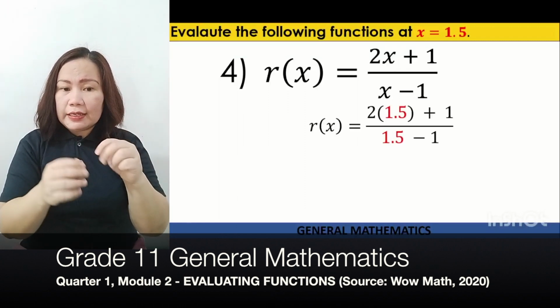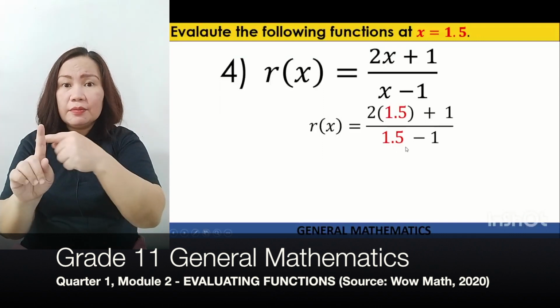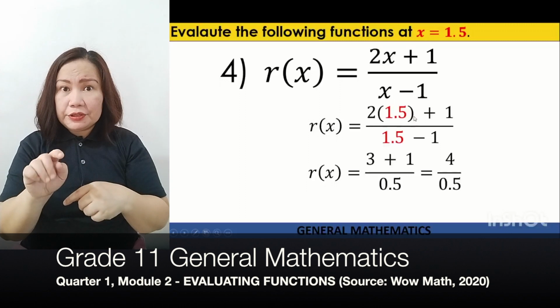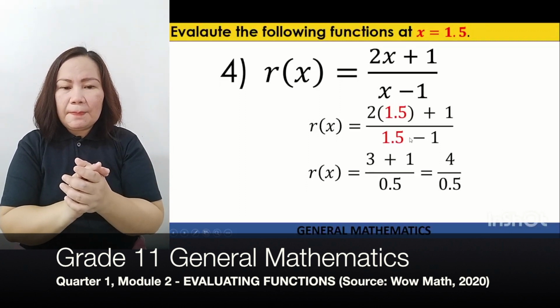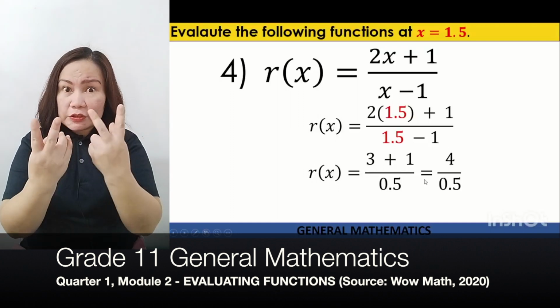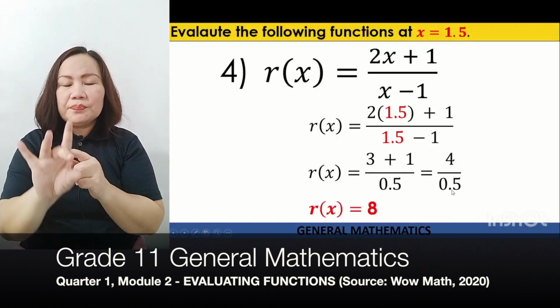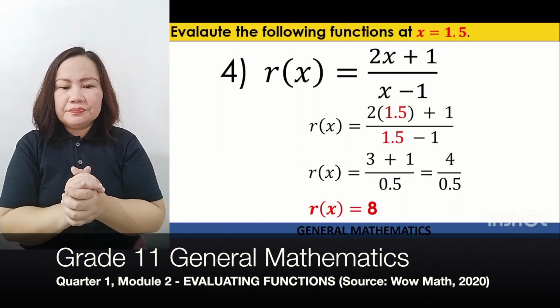Magiging 2 times 1.5 plus 1 all over 1.5 minus 1. 2 times 1.5 is 3 plus 1, that is 4. 1.5 minus 1, that is 0.5. And 4 divided by 0.5, the answer is 8. Okay? Your r of x is equal to 8.